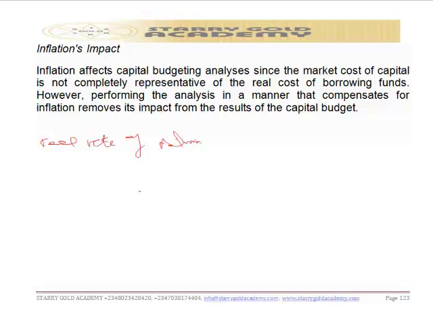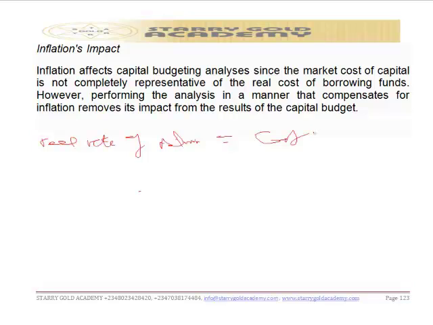The rate of return is what we know as cost of capital. So when you calculate the real cost of capital, you have removed the impact of inflation in it. Let me start again. Inflation impact can be removed from the capital budget analysis by calculating the real rate of return and using that for capital budgeting cash flow calculation.